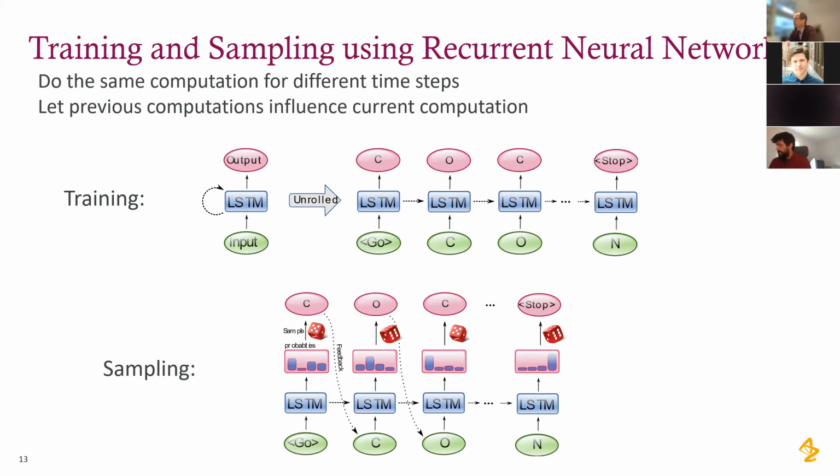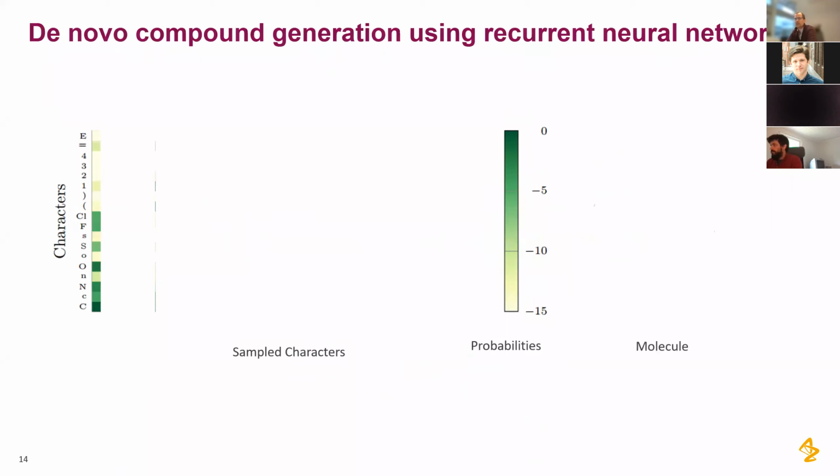After we have trained it on that, when we put in the start character, we get a probability distribution of characters out. Then we can sample from this probability distribution, and then you get the next probability distribution. But depending on what you sampled, that will, of course, look different. And when you get to the end of the SMILES, you have created a brand new SMILES that follows the SMILES syntax.